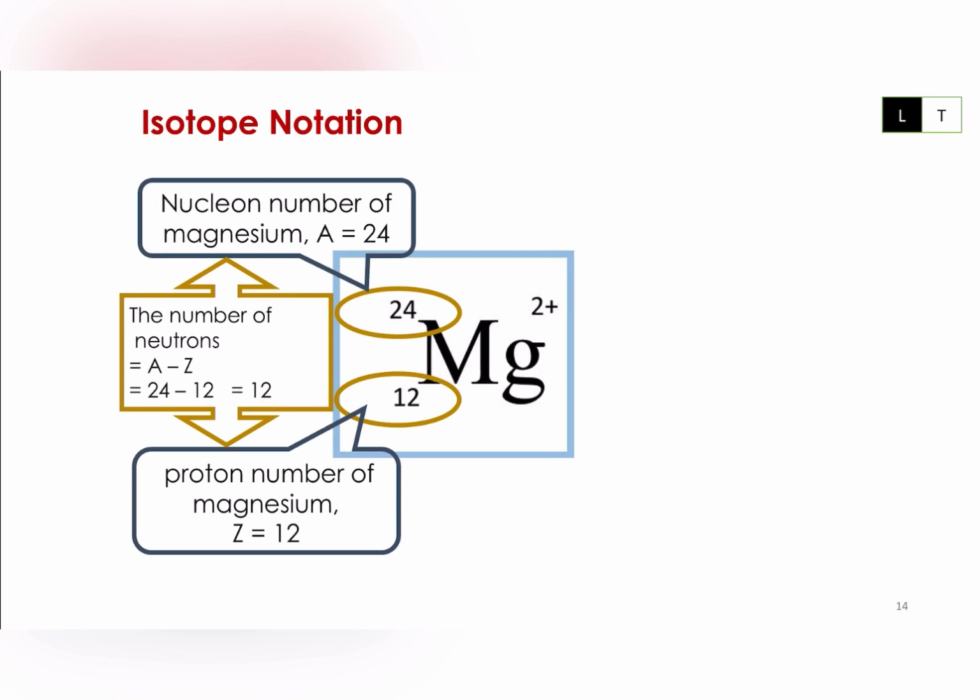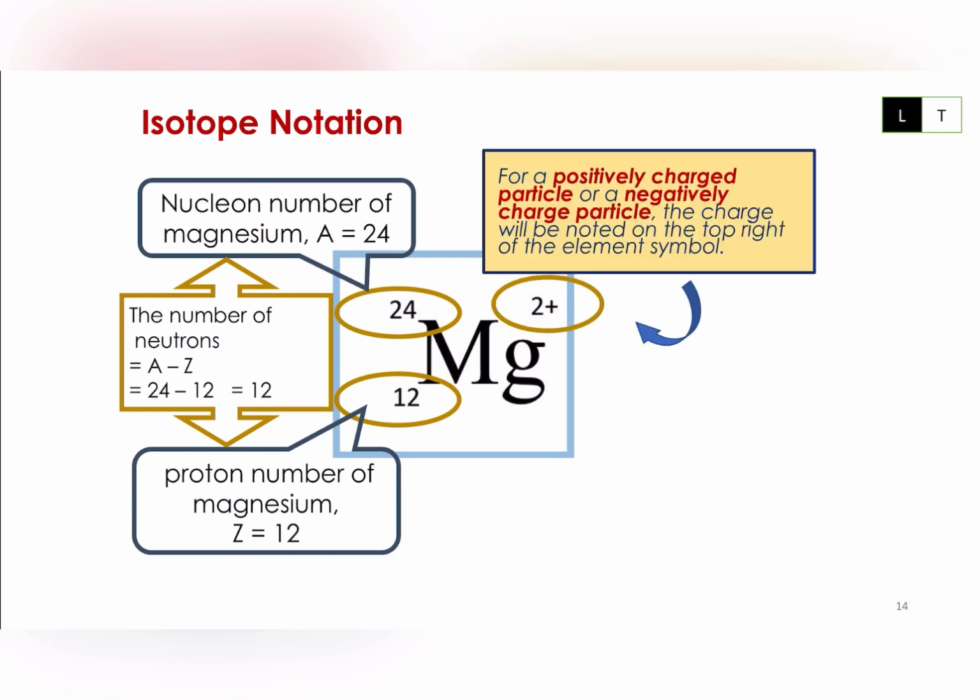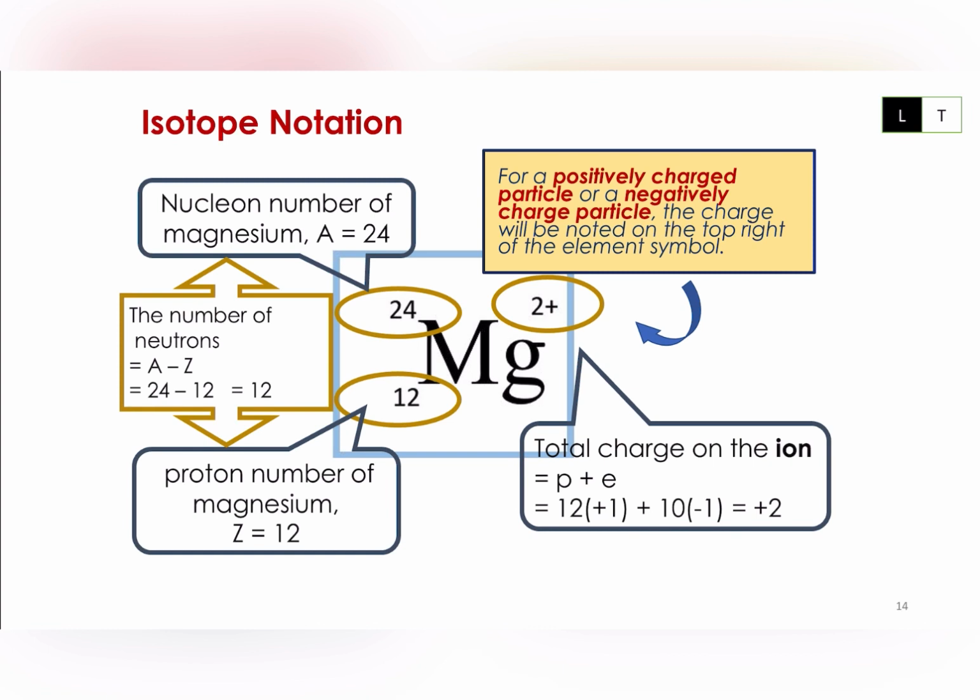And due to the charge being 2+ here, we can understand this is a positively charged particle. That's why it is indicated here. And next, I'm going to prove whether I got the total charge the same value as positive 2 or not. I'm going to calculate the total charge of this ion, where finally the value is the same.